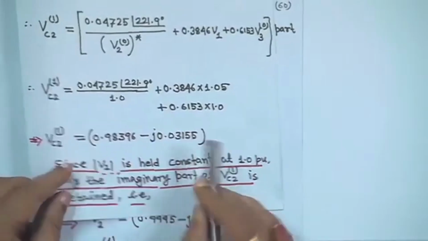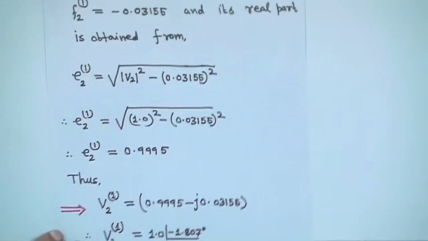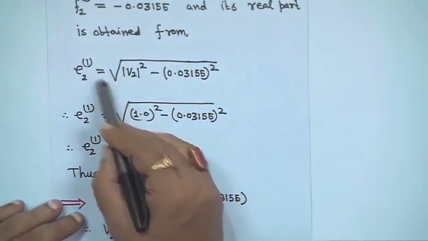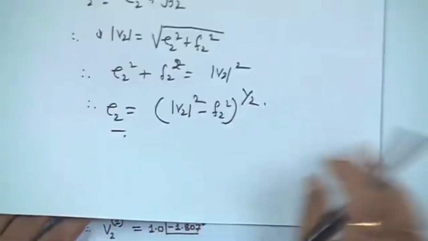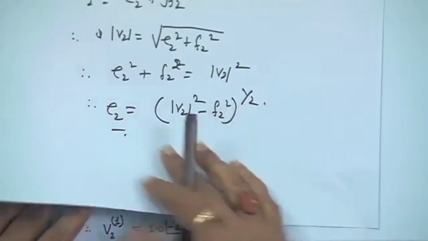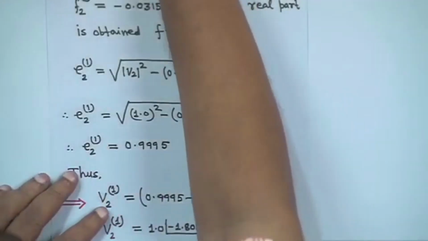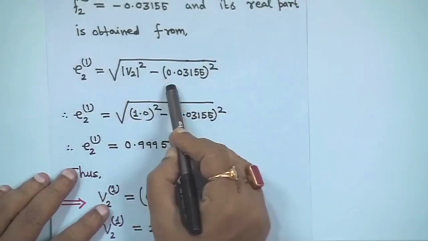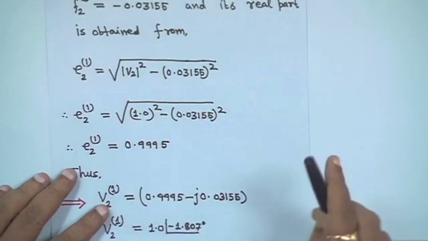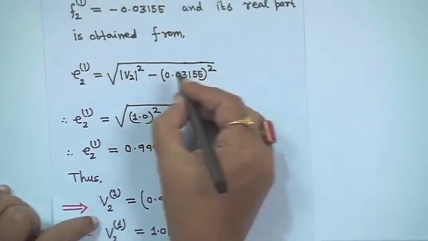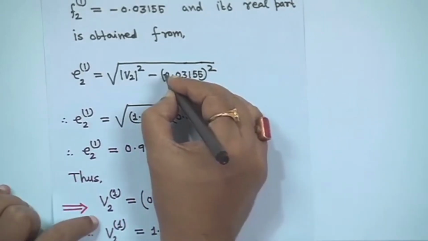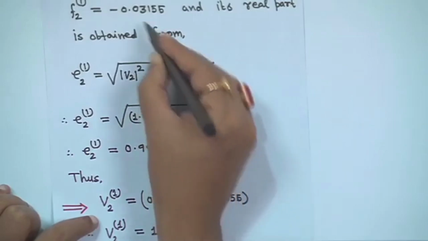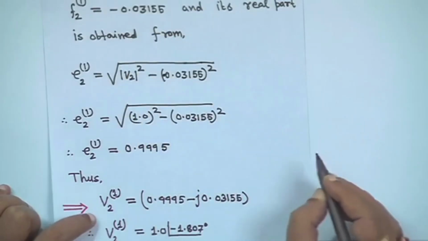Its real part is obtained from this equation, E2^1, just now I wrote: root over V2 square minus F2 square. Here, actually, in the bracket one, although it will be positive, there is a minus sign before, because here it is minus.